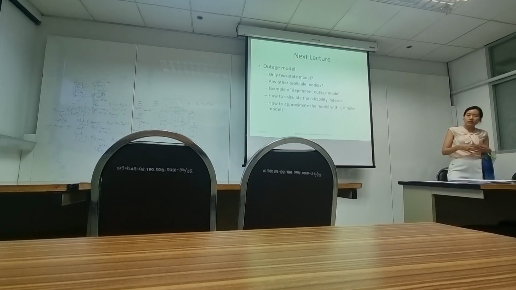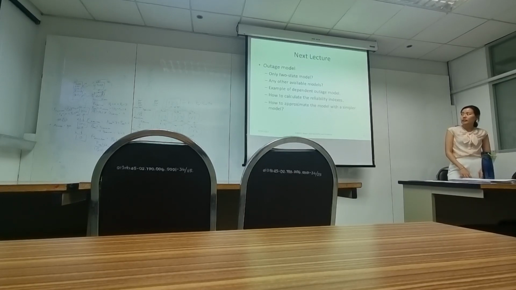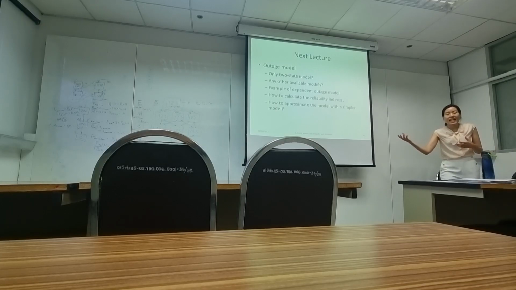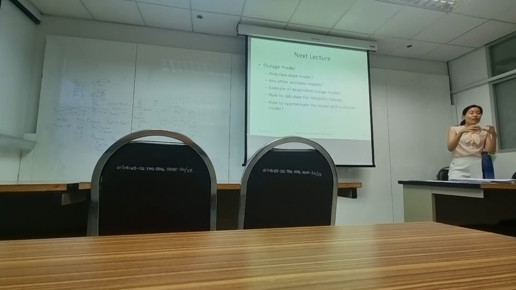You also have other available models. So we'll give you examples of other outage models and how we can calculate the reliability index and how those models can be approximated to our usual two-state model. Okay, so we'll do that next week.